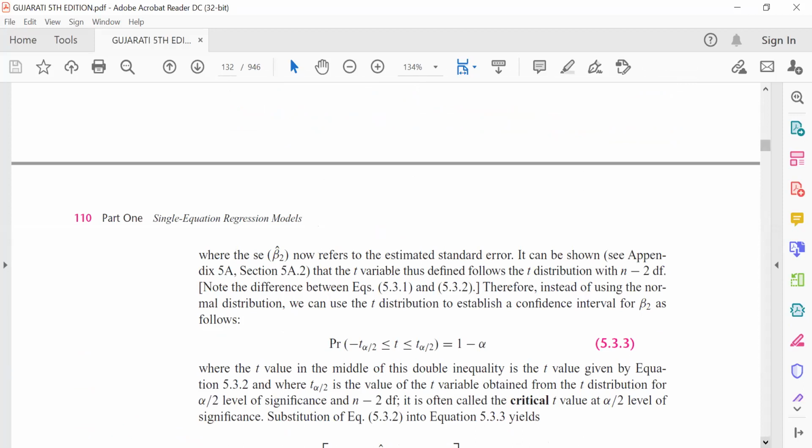So now we use equation 5.3.3 to estimate interval estimates. This t value we get from the t table.